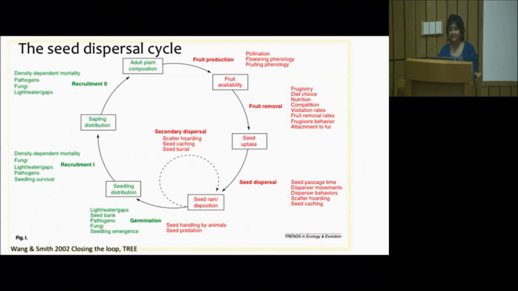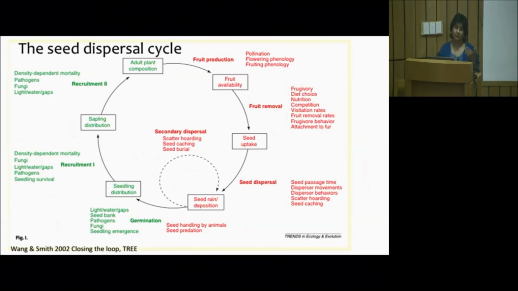Fruit removal is affected by a lot of factors, which include diet choice of frugivores, nutrition, visitation rate, fruit removal rate, and all that. And then the seed is taken in, and it is either regurgitated or defecated out depending on the frugivore, and then seed dispersal happens.